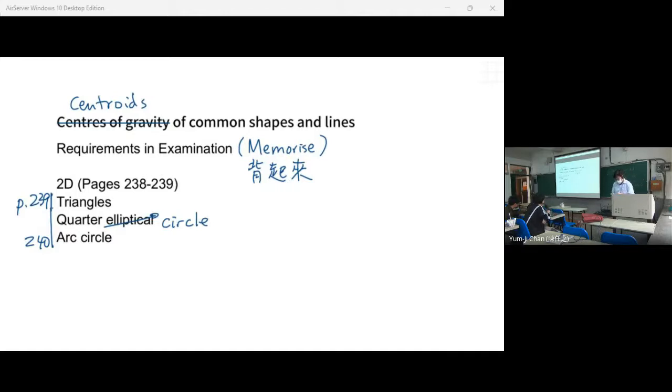For a triangle with height h, the centroid is located at 1/3 of its height.